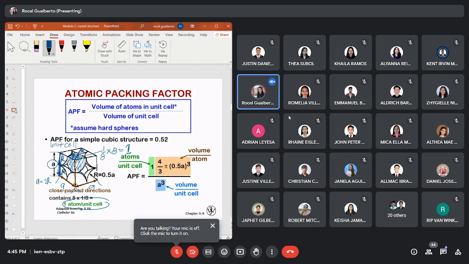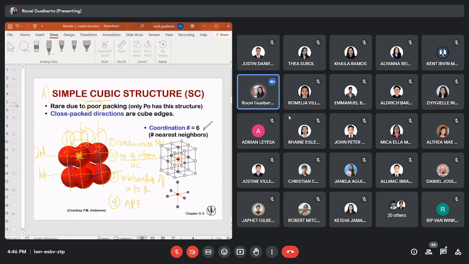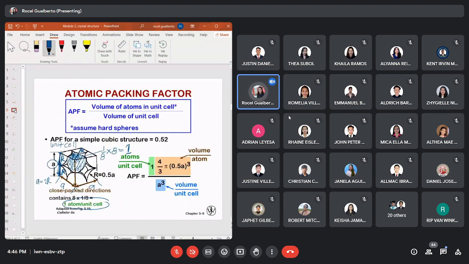Naintindihan po ba? Yes po, ma'am. Okay, good. Now, the third parameter. Okay, ano po yung third parameter? Balikan po ulit natin. The third parameter is the relationship of A to R. Okay? Ano ba yung relation ng A doon sa R? Alin po yung A?